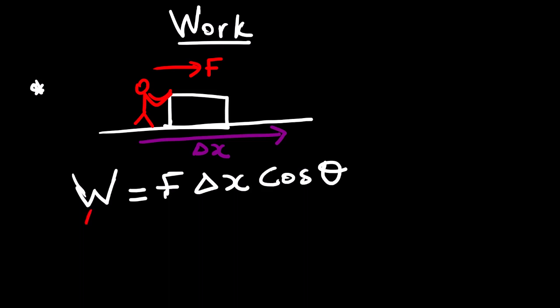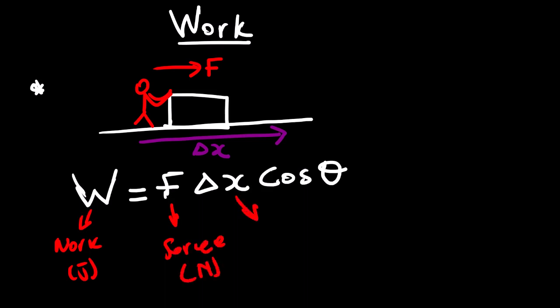Explaining this in detail, W is the work measured in joules, F is our force measured in newtons, d is the displacement, which is measured in meters, and theta is the angle between the displacement and that force which does work on the object.